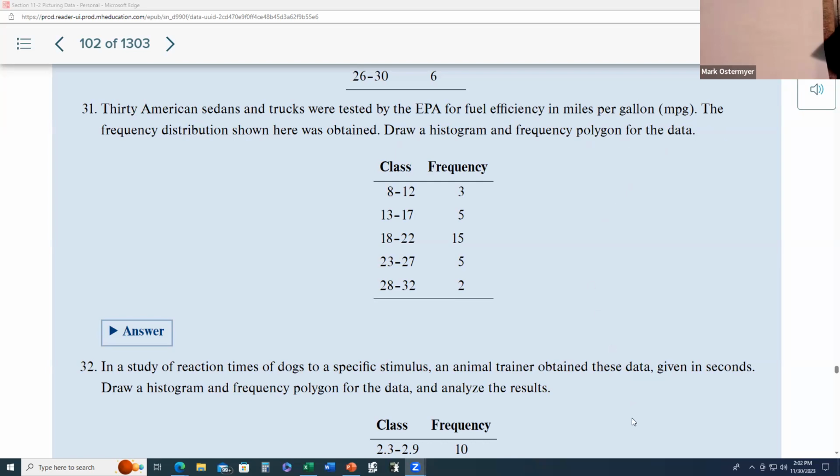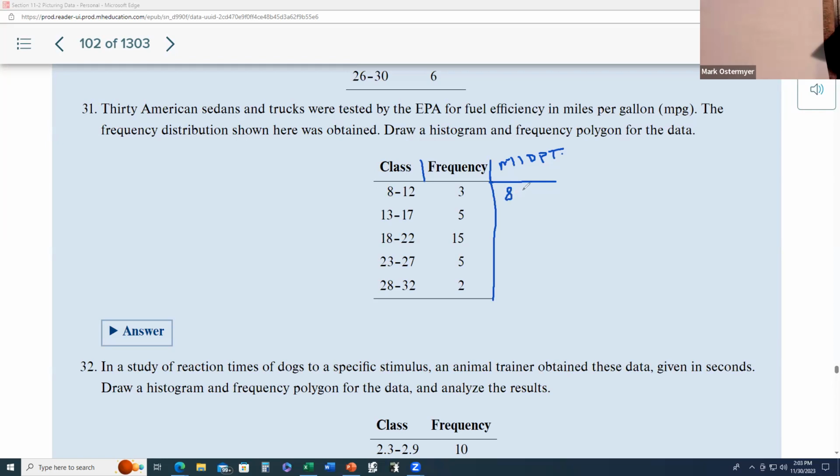So ladies and gentlemen, not only do they want you to draw a frequency histogram, they want you to draw a frequency polygon. So we're going to have to add an extra column on here. And what other column are we going to need for a frequency polygon? We're going to need the midpoint? We're going to need the midpoint of each class. So how would you find the midpoint of like the first class 8 to 12?